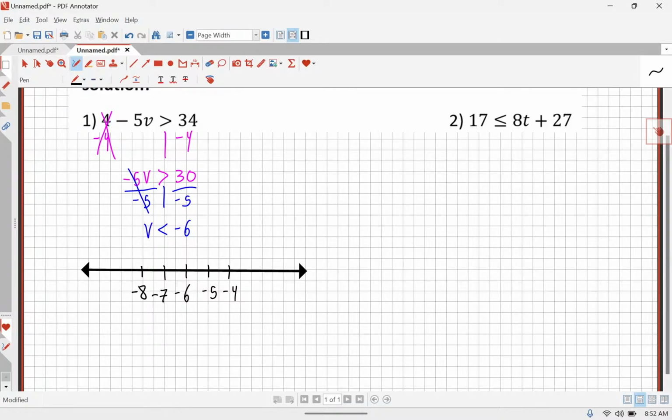Okay, Nathan, what's your favorite color? Blue. Okay, I'm going to get this in blue, and then we're going to have you graph this on my number line. Make sure you use the correct circle, hollow or filled, and then shade the correct direction. Go ahead and give it a shot. See what happens.